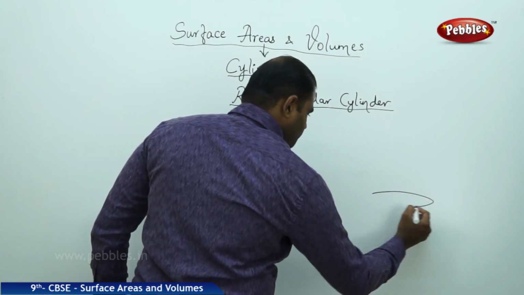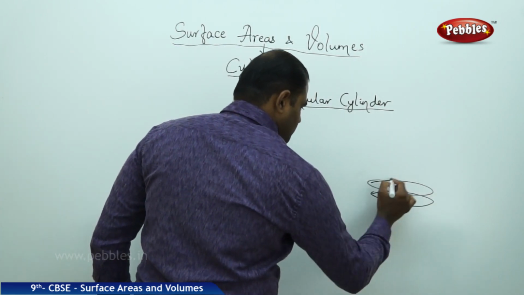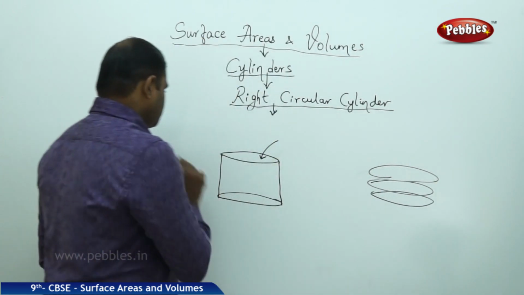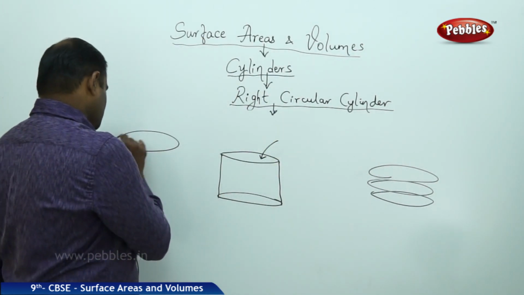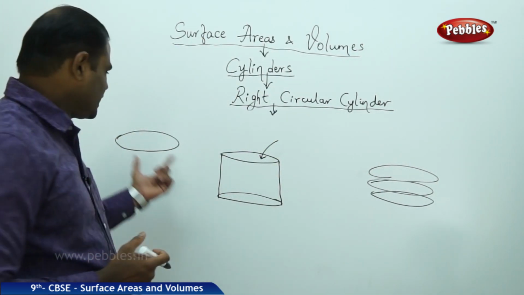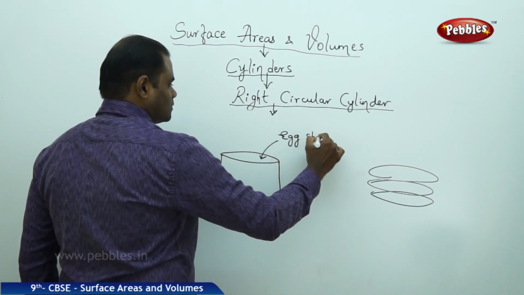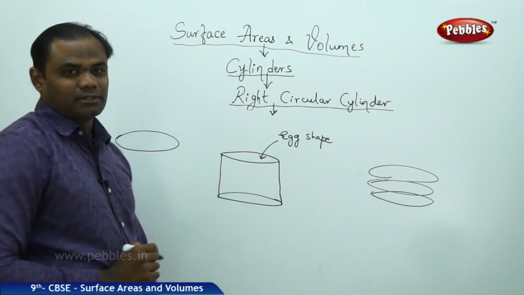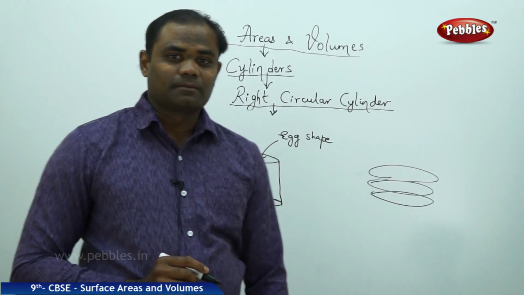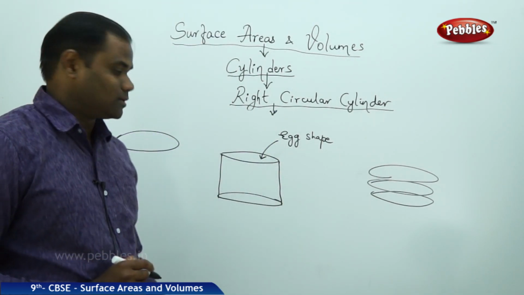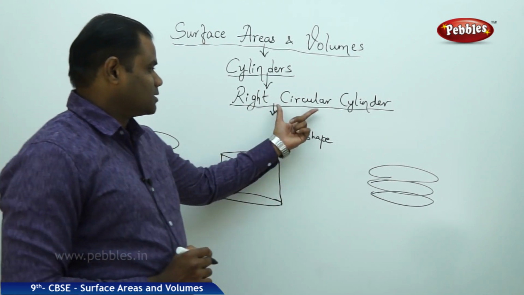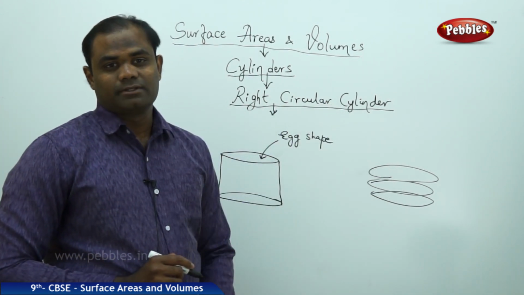So each shape constructed is not a circle. If something like this, just like an egg shape, is used to construct it, then this cannot be a right circular cylinder, because we demand the circular concept in a right circular cylinder.